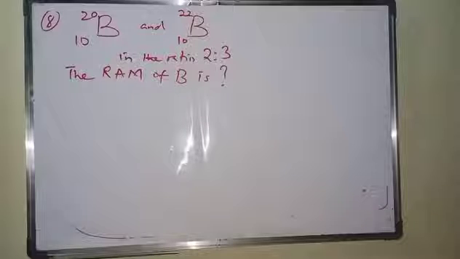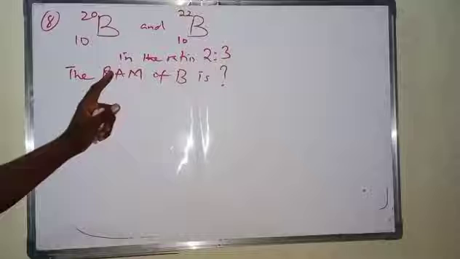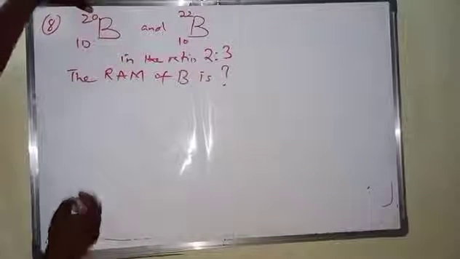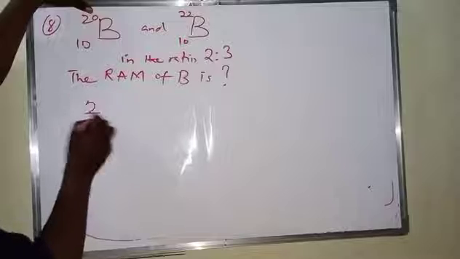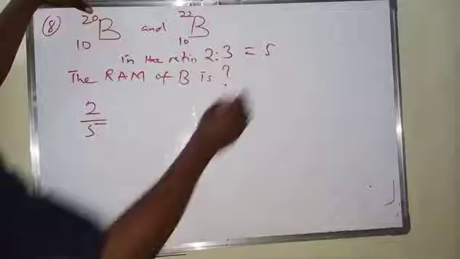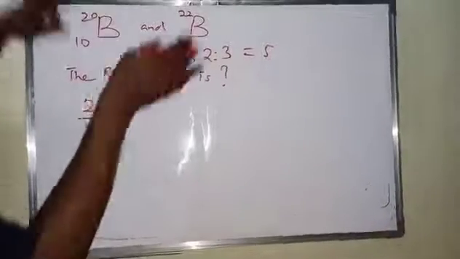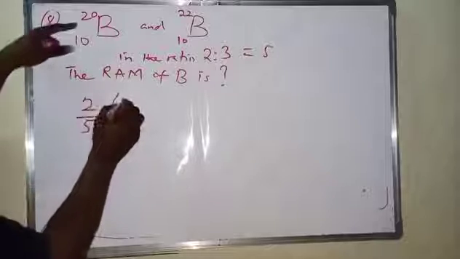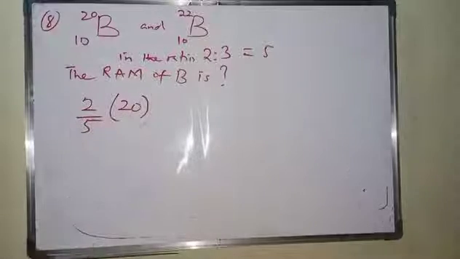So if that is the case, then we can use this ratio to determine the relative atomic mass. So what we do is, we have 2 over 5. The total ratio is 5. So 2 over 5 of the mixture is boron 20. You understand?